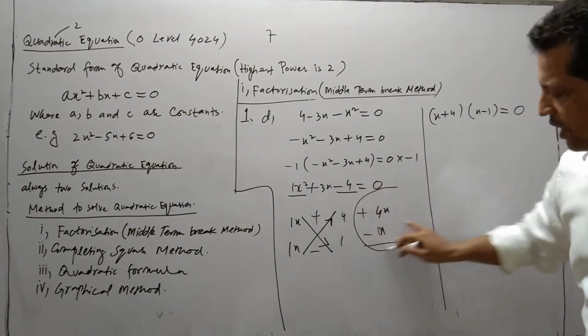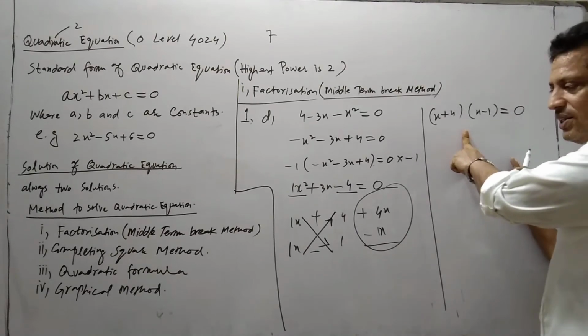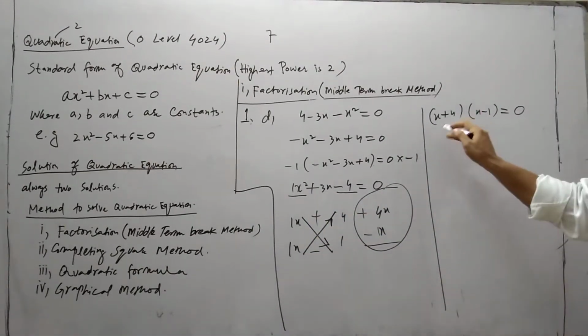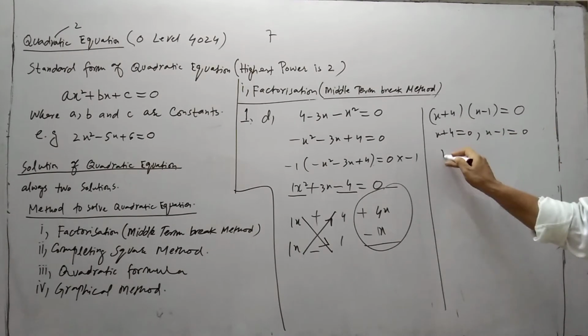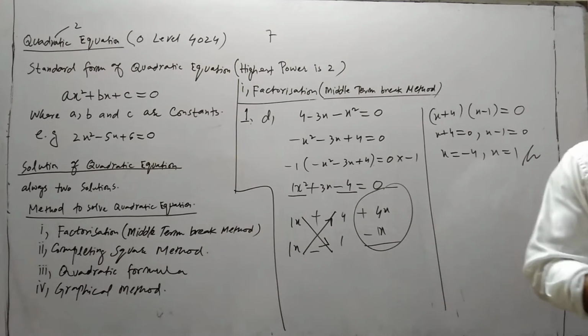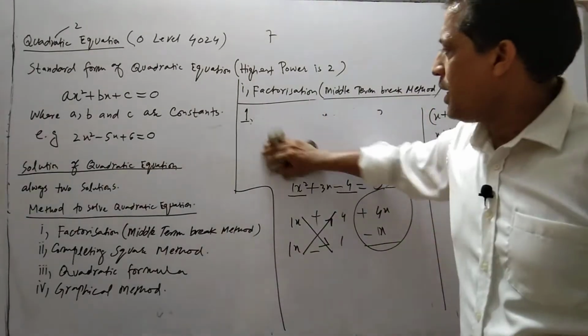Student, the other two terms are not involved in your factorization. Only these are involved, x plus 4 and x minus 1. That's it. Now x plus 4 is equal to 0, x minus 1 is equal to 0. This implies that x is equal to minus 4, x is equal to 1. Again you get two answers. No need to say that a quadratic equation always has two answers. Next part.